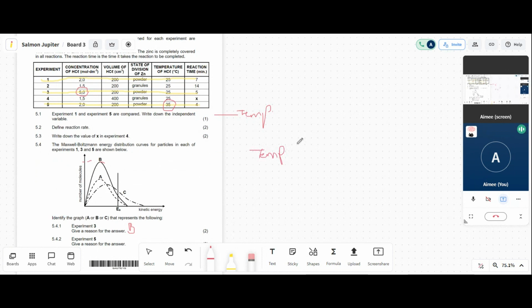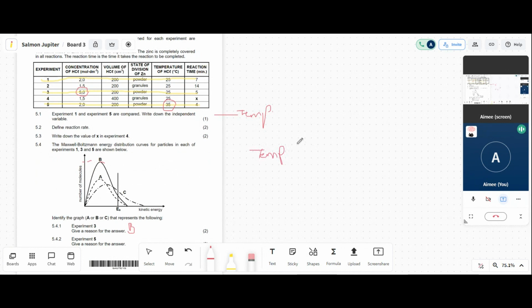If I'm increasing temperature, I'm increasing kinetic energy. Remember, heat is a type of energy, especially when it comes to chemistry and particles. So if I'm increasing the temperature, I'm making sure that more of my molecules have energy. They've got an increased amount of energy. So we have to choose.